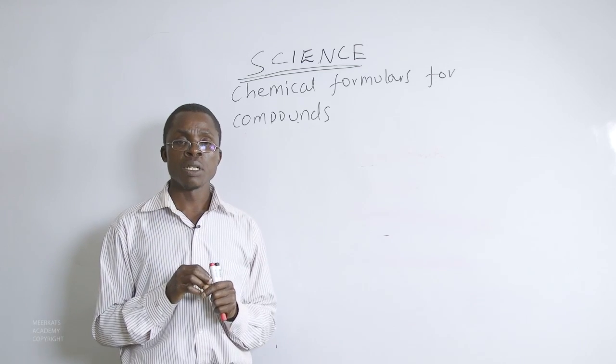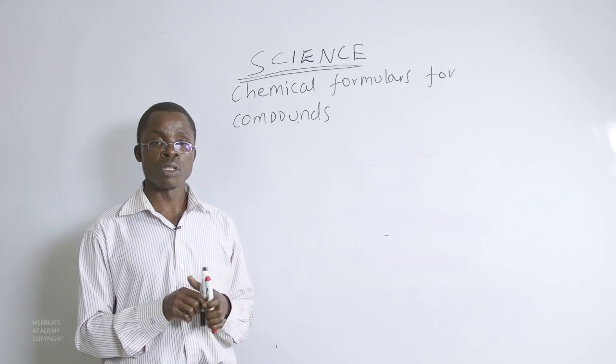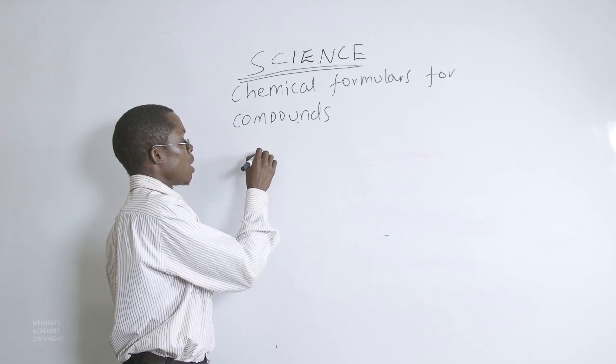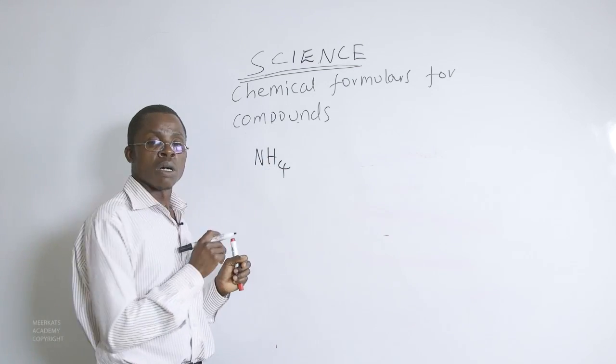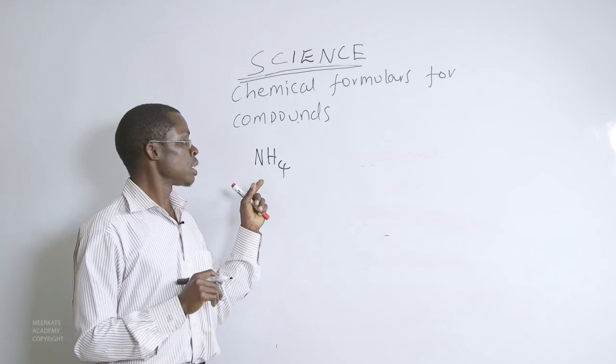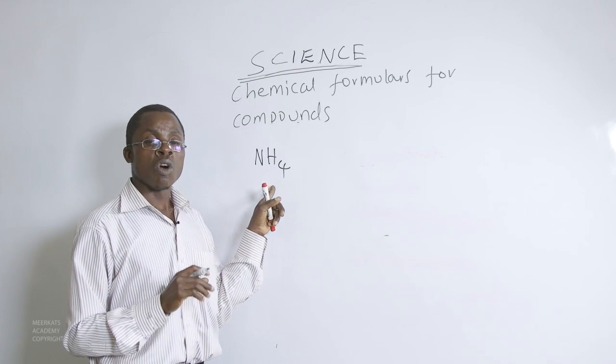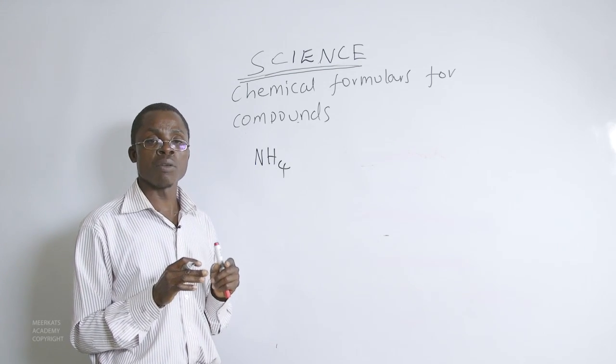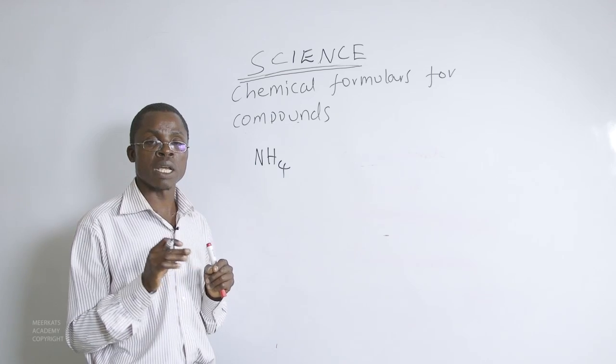In our previous lesson, there is one radical that I mentioned that was a bit special, and that was ammonium as a radical. This is the only radical that is positive.